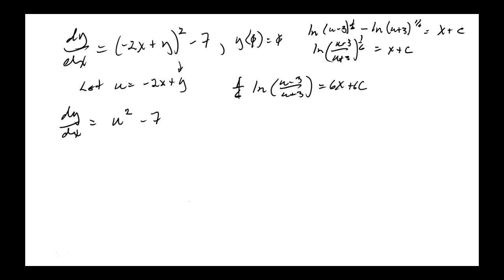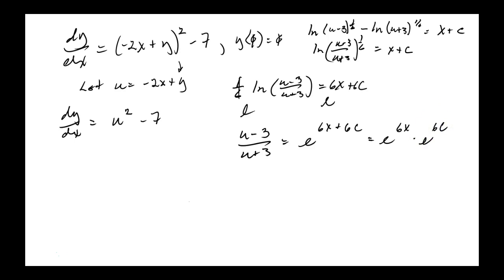Now, what we're going to do next is take e of both sides. e of a log undoes itself, so you've got u minus 3 over u plus 3 is equal to e to the 6x plus 6c, which can be written as e to the 6x times e to the 6c.